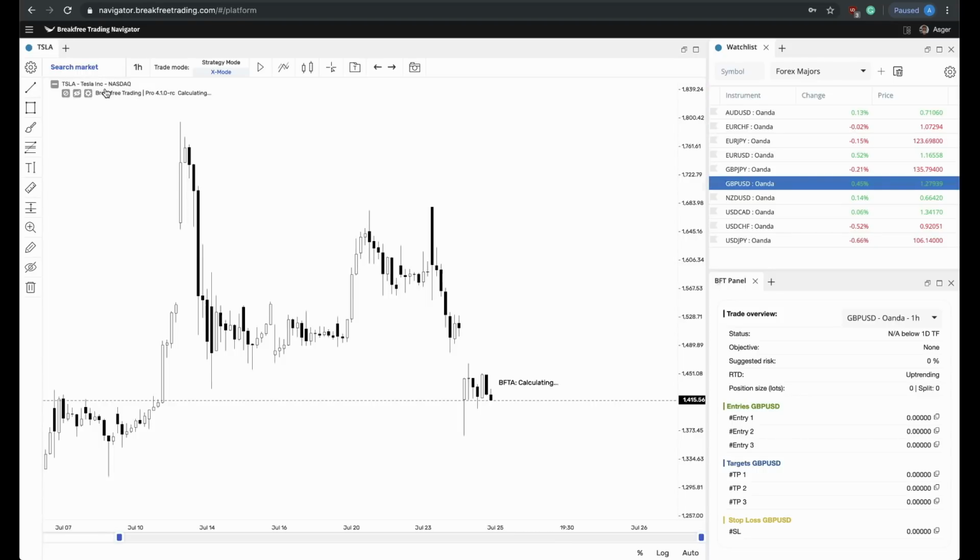And if you can't find the market you're looking for, well, perhaps it's because we don't support it yet, but that doesn't mean we're not going to support it in the future, because I know firsthand as a trader how important it is to have access to data, and we want to make sure that we have the best data available to all our users, and we're going to implement a new data provider in Navigator very soon that should cover basically everything that you would want to trade.